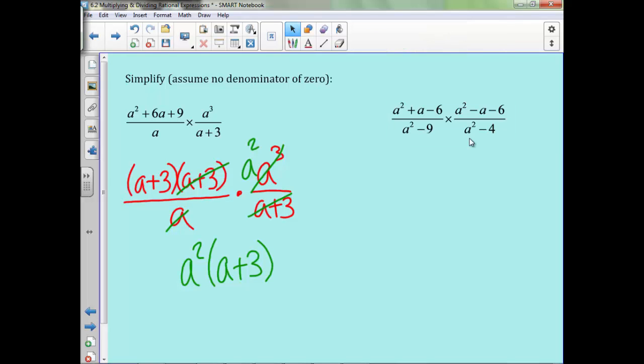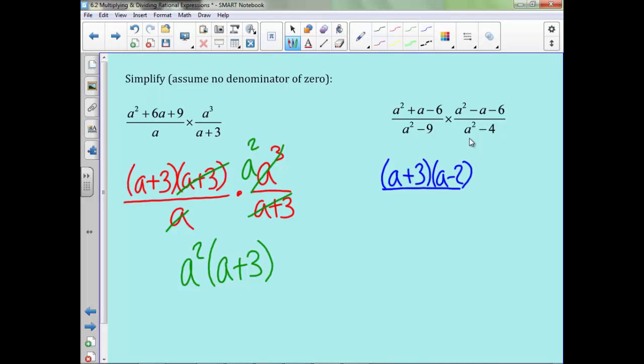Now this next one, same idea, we have to factor everything that we can factor. So our numerator on the left will be a plus 3, a minus 2. Denominator's difference of squares, so it's a minus 3, a plus 3. Numerator on the left is a minus 3 this time, a plus 2.